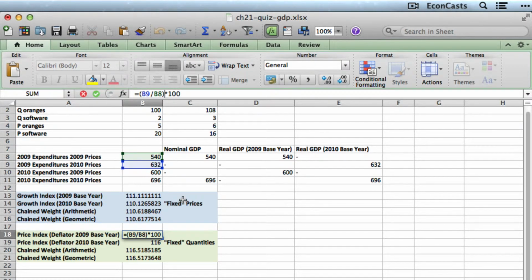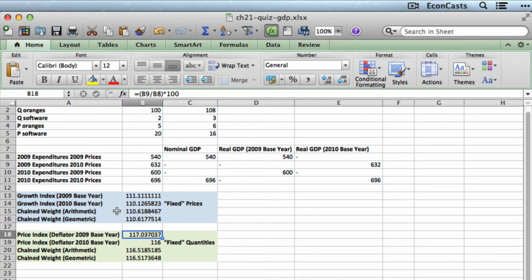So as we were interested in real GDP when we're looking at growth index, here we're interested in nominal GDP. So again, we're going to take the nominal GDP in our later year and divide it by the nominal GDP in our first year. When we multiply that ratio by 100, we'll get a price index. And it looks like it's a 17% increase in prices, give or take.